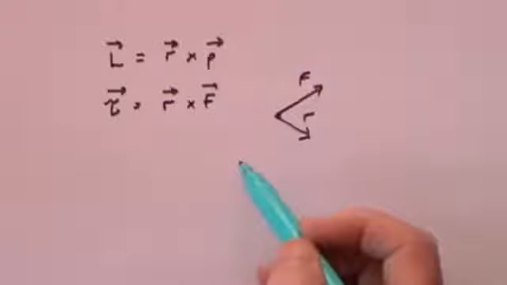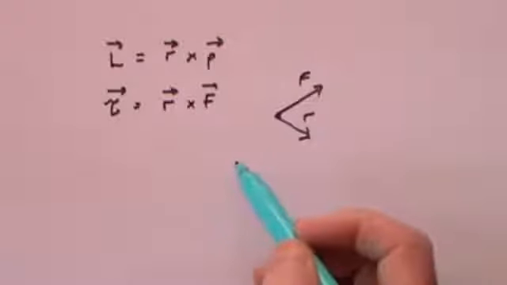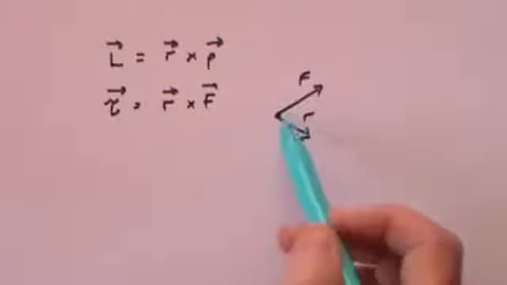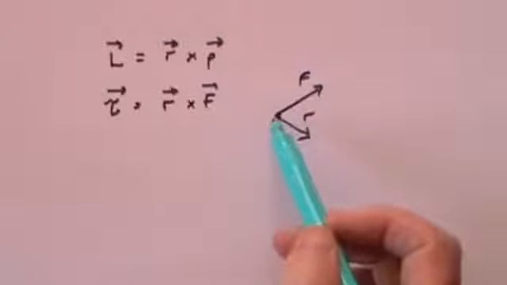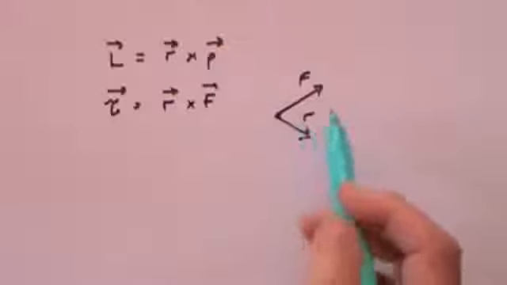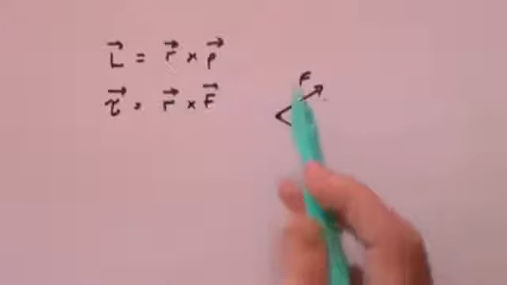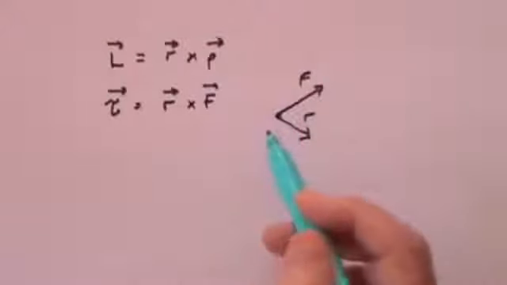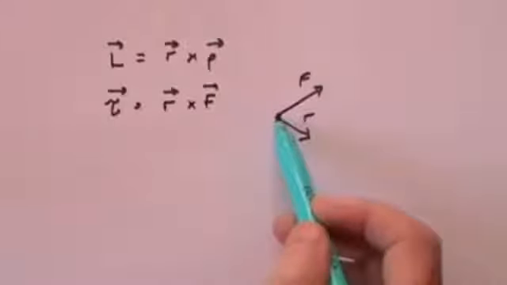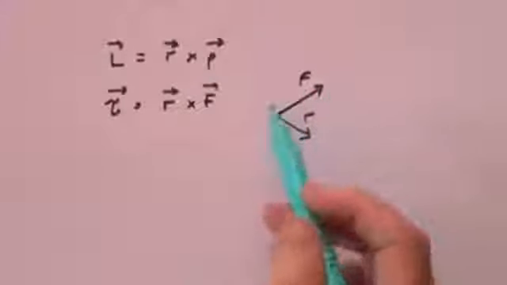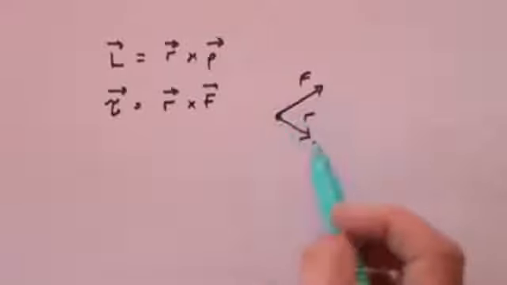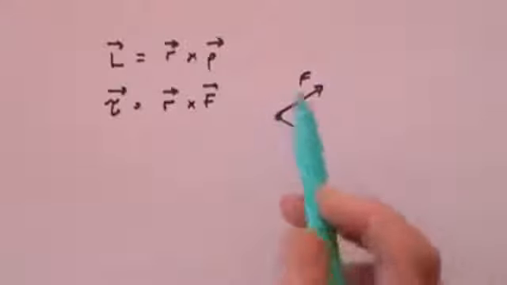If the force would cause the system to twist clockwise, then the torque goes into the paper, because a corkscrew would go in if turned clockwise. And if the force would tend to turn the object anti-clockwise, then the torque comes out of the paper, because if you turn a corkscrew anti-clockwise, it comes out.